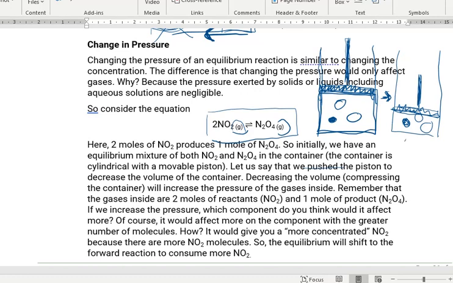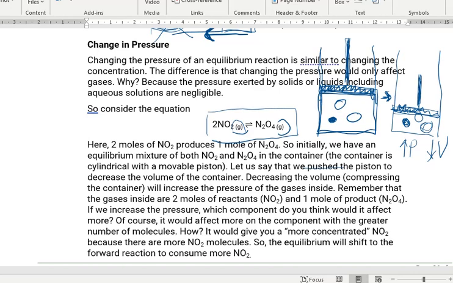So, when you decrease the volume, the pressure increases. So, there are now 2 moles of NO2 in a smaller volume. Right? 2 moles of NO2 per half a liter instead of 1 liter. So that means we are increasing the concentration. It's like we are increasing the concentration.